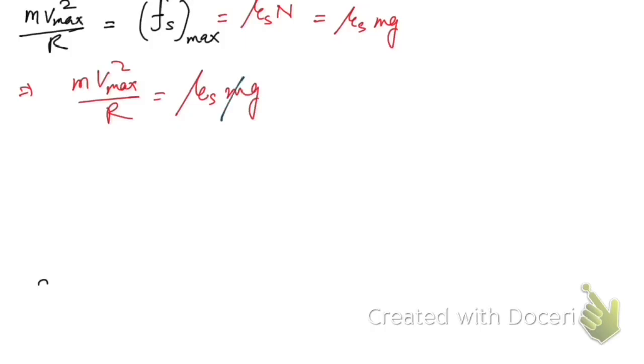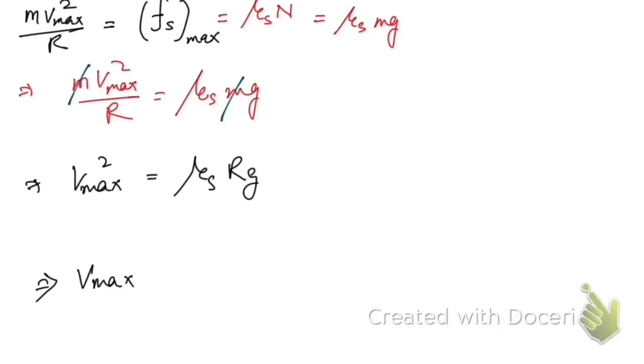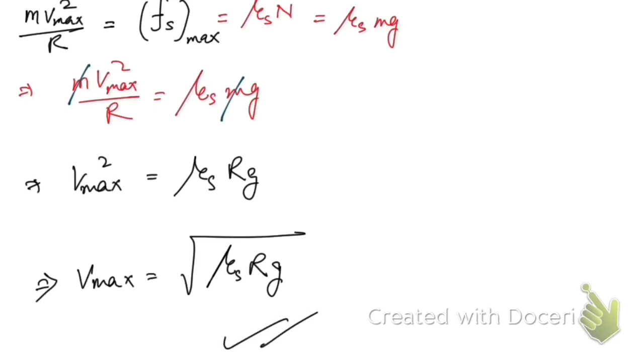Here m cancels, so v max square is equal to mu s r into g. So v max is equal to root over mu s r g. So this is the required expression. Hope you have understood this.